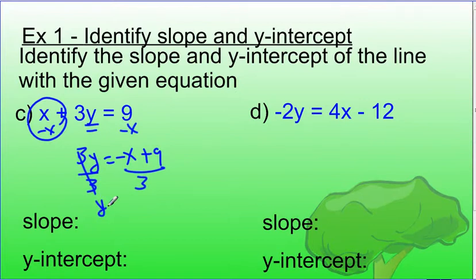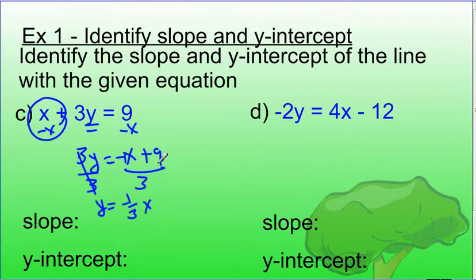We get y equals. Now, remember this guy? This means there's negative 1x. Well, we can't actually divide this. It doesn't come out to a nice pretty number. So what we're going to do is leave this as a fraction. Negative 1/3, or just negative 1 divided by 3x.